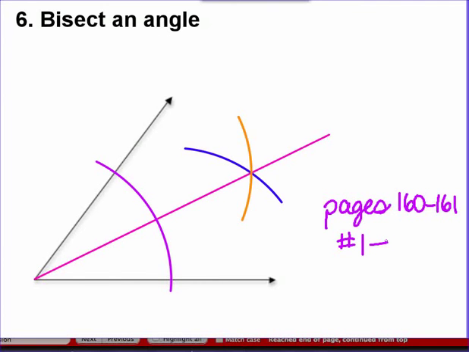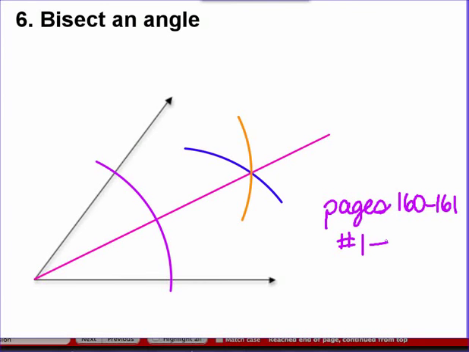On pages 160 and 161, what I need you to do is one through 9.